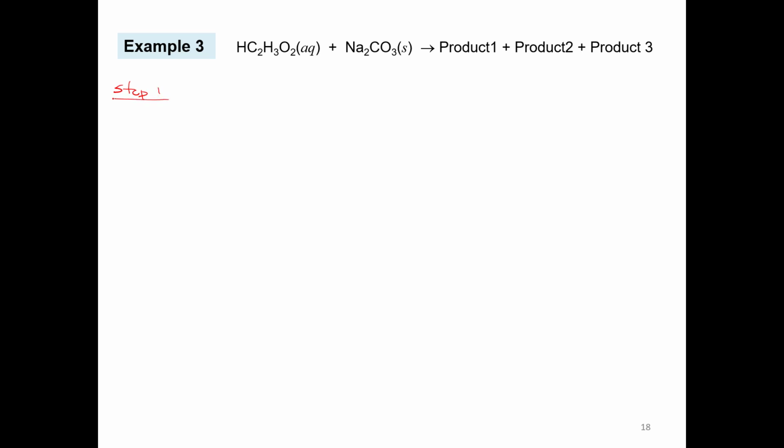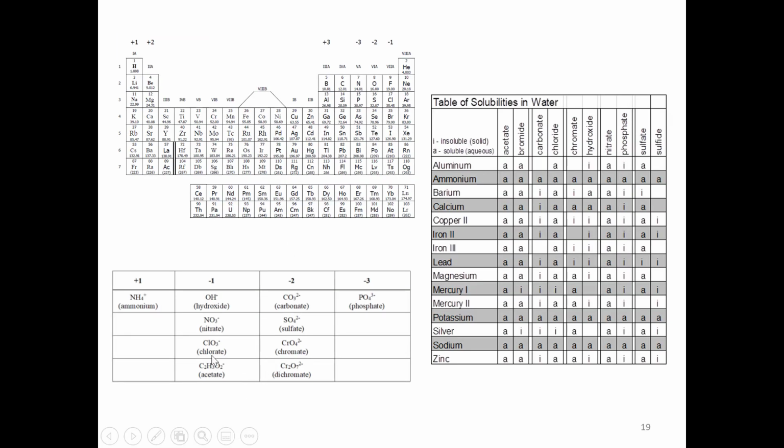Then if you don't remember, because this looks like a long unit, just check in your polyatomic ions if you have something like this one. Yes? If you check the polyatomic ions, you will see this corresponds to the acetate, and this is -1 charge.